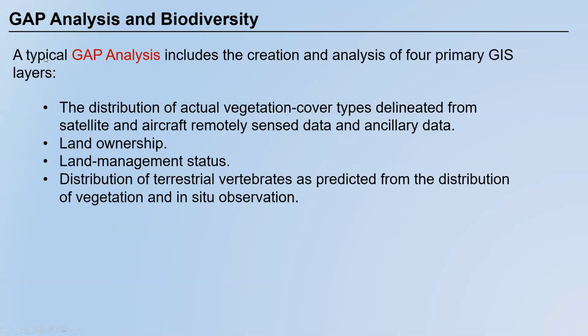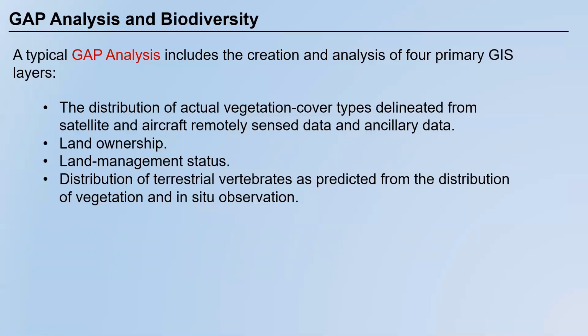So several layers here. Firstly, the distribution of actual vegetation cover types delineated from satellite and aircraft remotely sensed data and ancillary data. This first layer is very close to vegetation remote sensing, because the data is from satellite sensors and aircraft sensors, and the necessary ancillary data, for example, meteorology data, climate data, right?